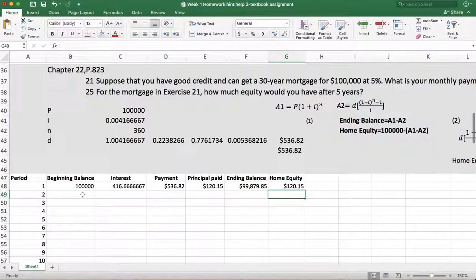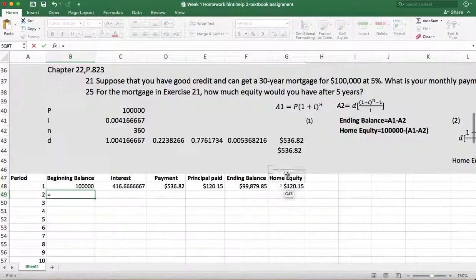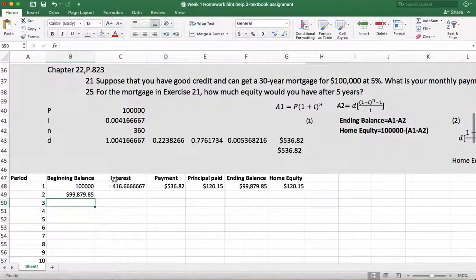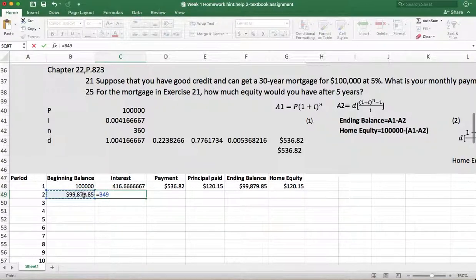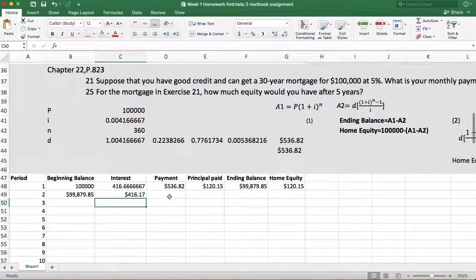Okay, period 2. Beginning balance equals the previous ending balance. Interest equals beginning balance times monthly interest rate. Payment is the same.